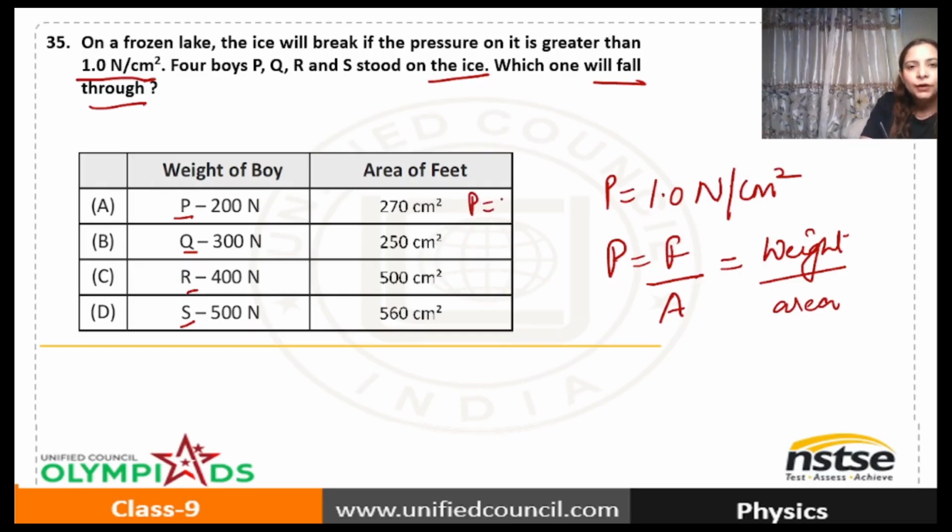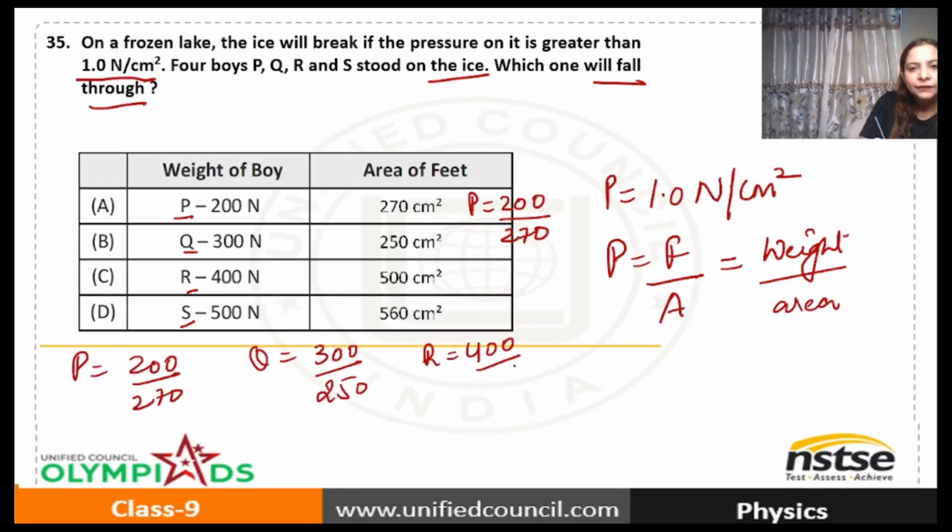So pressure is equal to force upon area. For P it is 200 by 270. For Q it is 300 by 250. For R it is 400 by 500. And for S it is 500 by 560. I'll tell you the answer that you will get in all the cases.